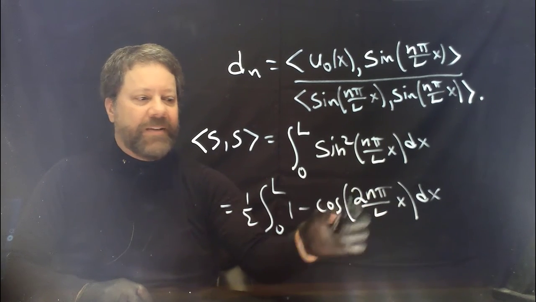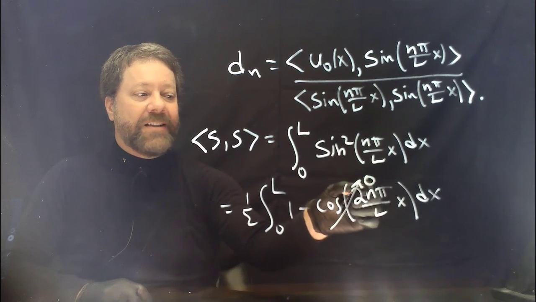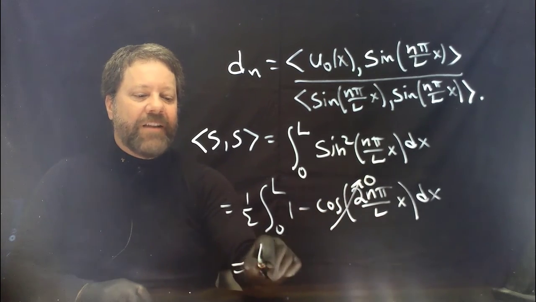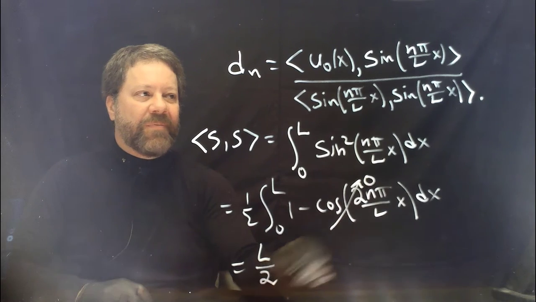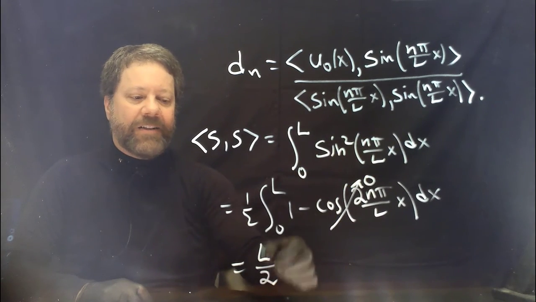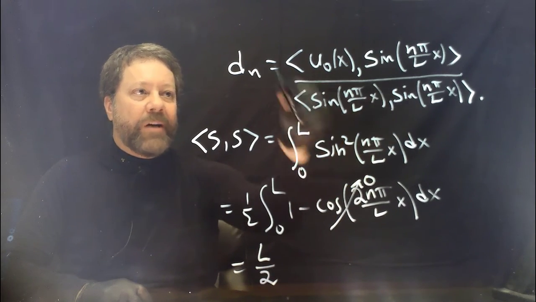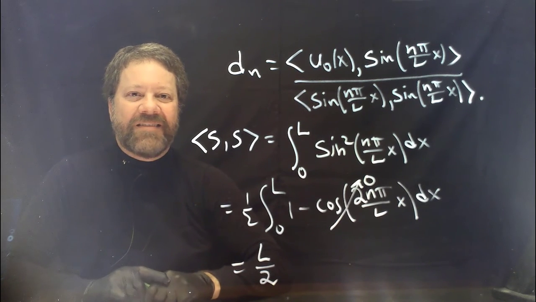Because of the period, the second term will integrate to 0, leaving a value of L divided by 2. So if the denominator is L divided by 2, we'll multiply the numerator by 2 divided by L.